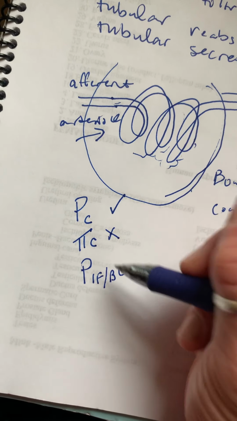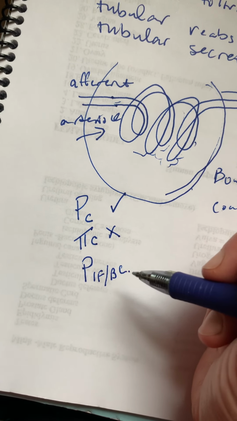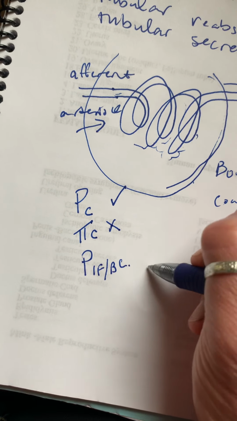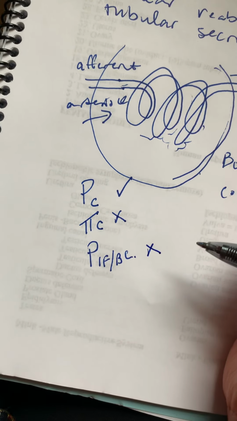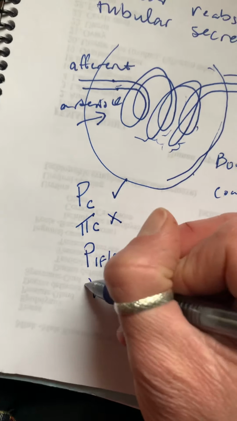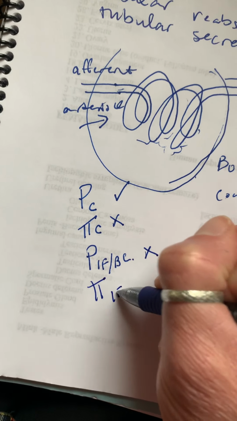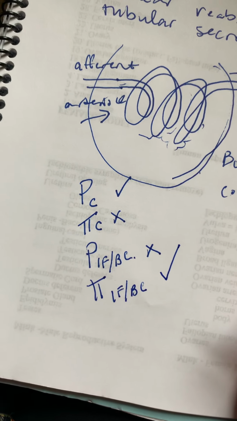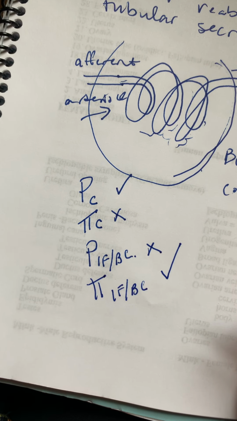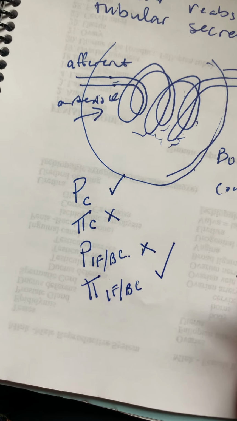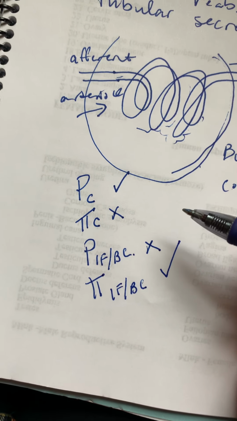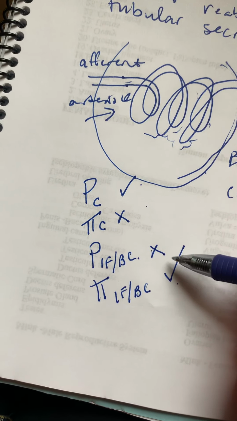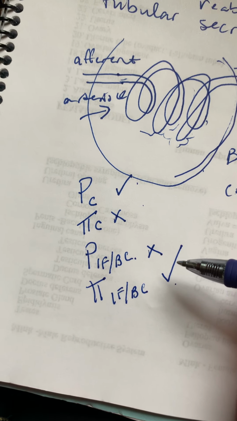Remember, this is a pushing force, but since it's outside of our capillaries, it's going to oppose filtration. And then we've got an osmotic pressure of the interstitial fluid or the Bowman's capsule, which is a pulling force, so that would favor filtration. You want to know which forces favor filtration and which oppose it, and also what they're determined by.